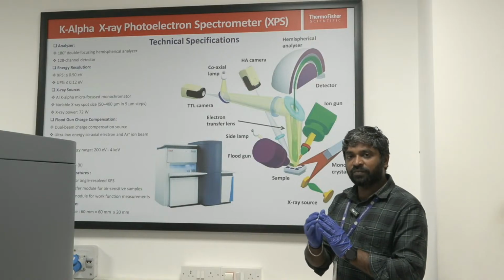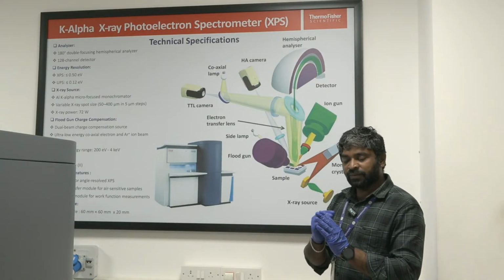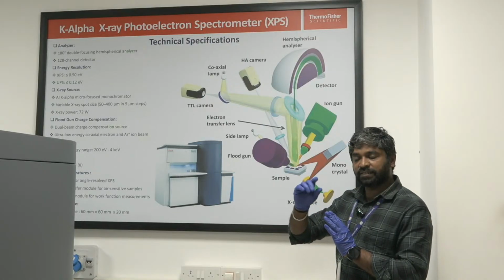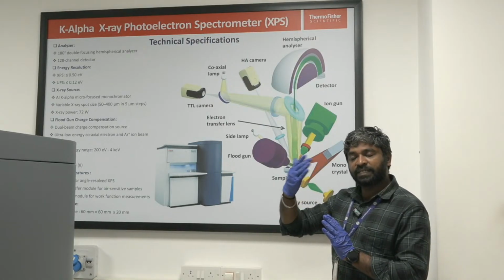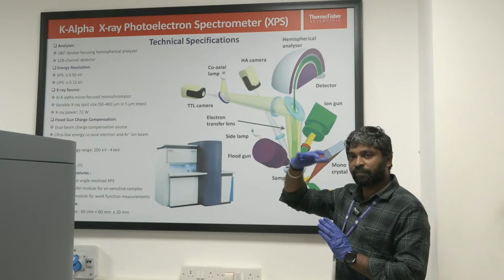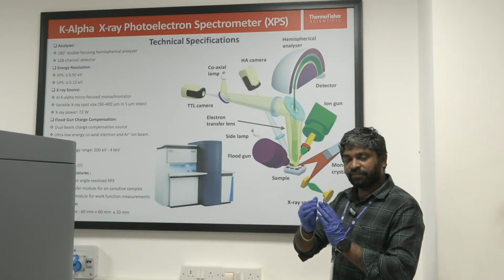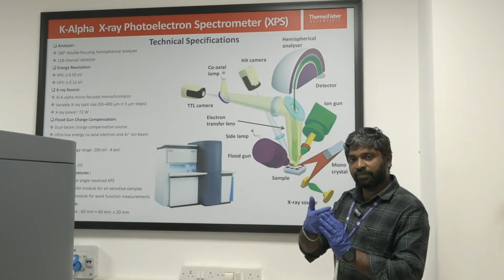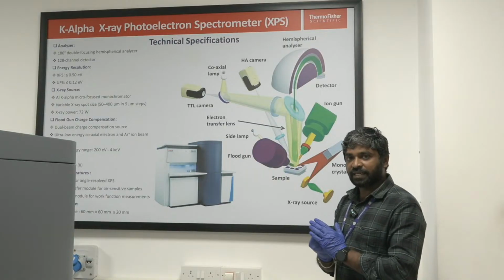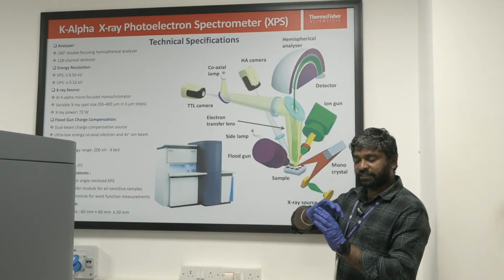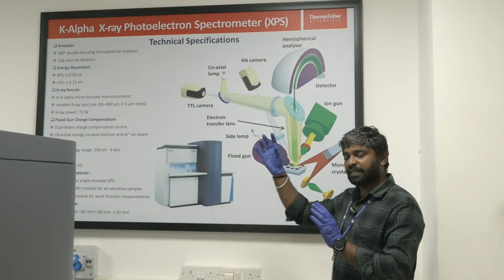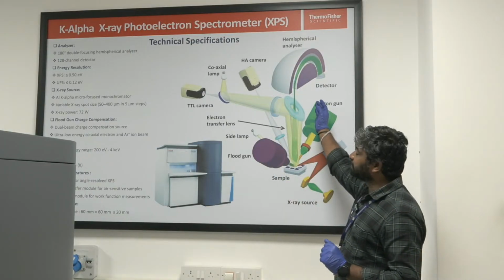For example, if you are allowing 200 eV, and the ejected photoelectrons have 200 eV and above, they will collide with the upper hemisphere, and if it's lesser than 200 eV, it will be attracted to the inner hemisphere. So the particular energy will be transferred to reach the detector.